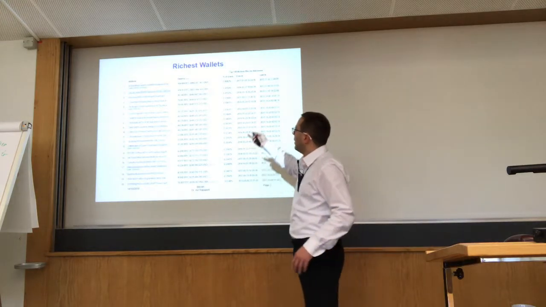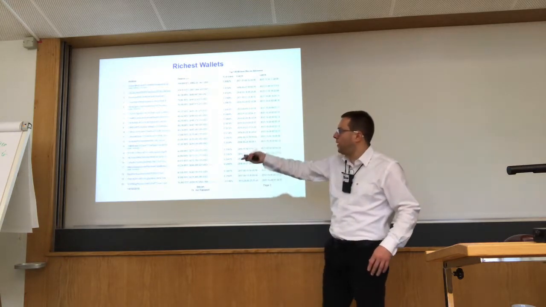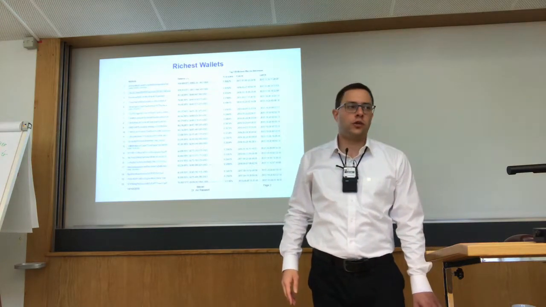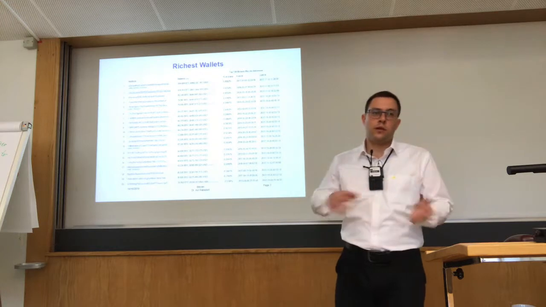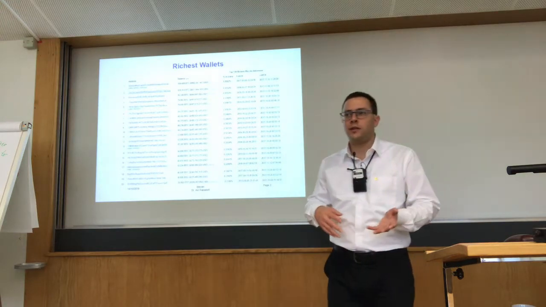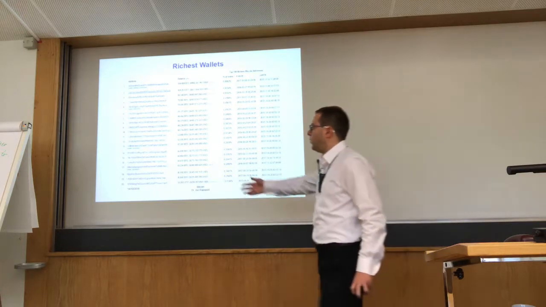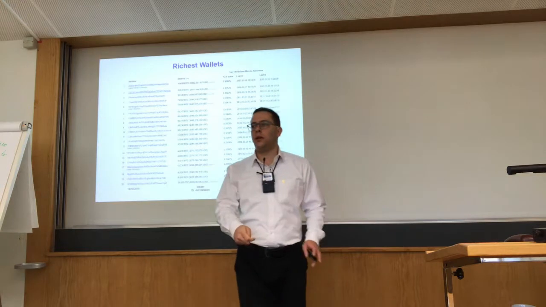Now if you look, and this is from 1 year ago, but if you look at the current one, then the top 10 or so richest wallets are all owned by the exchanges. So people have their bitcoins on the exchange because they might want to sell it to someone else, so they just keep it on there to a large extent, as opposed to keeping it in wallets which they control directly.